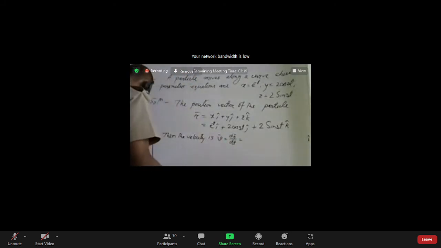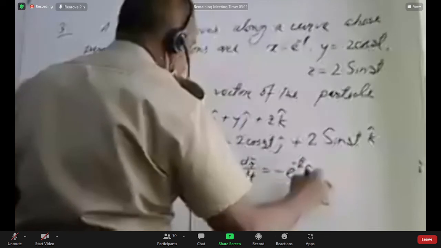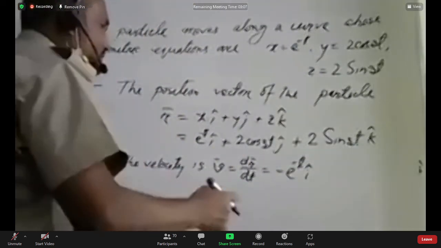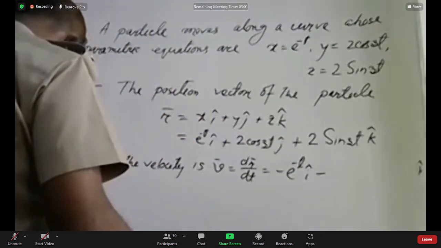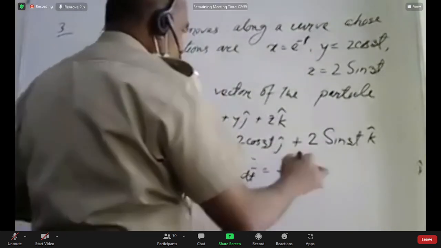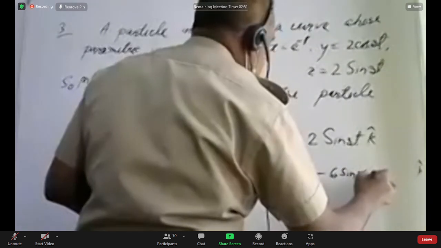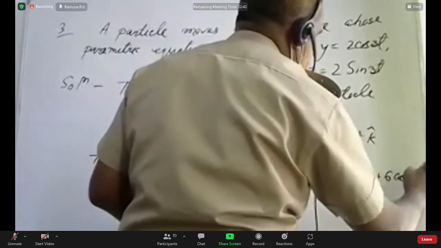Derivative of e to the power minus t is minus e to the power minus t i. And derivative of cos thrice t is what? Minus 3 sin thrice t, so another 2 is there, so it will be minus 6 sin thrice t j, and this will be plus 6 cos thrice t into k.